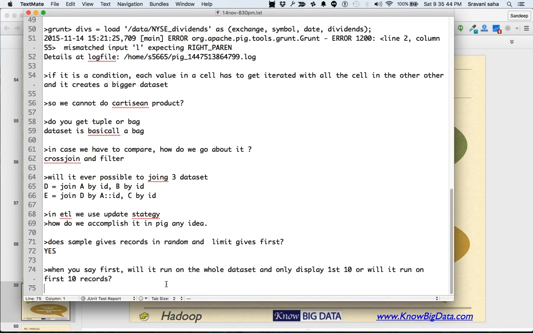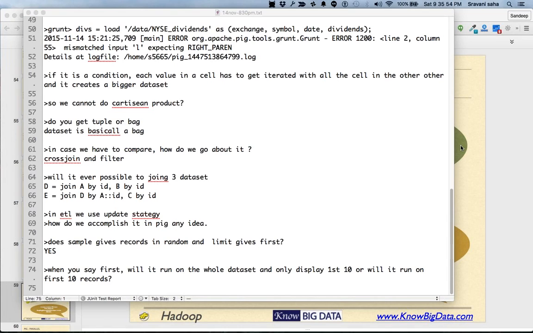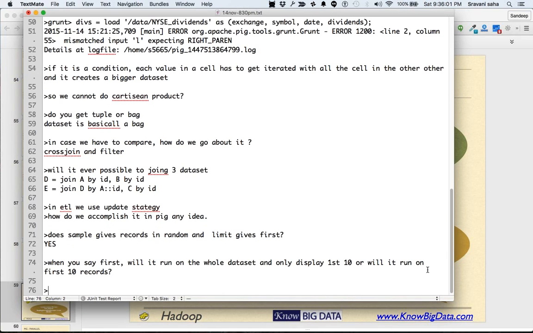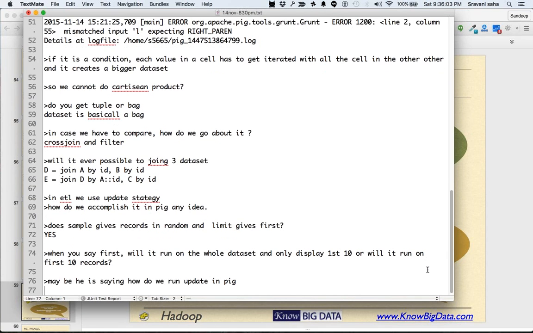So in the map here, when we say limit, it will utilize the first argument, which was byte count. Okay, so Sridhar is saying maybe Naveen was trying to say how to update in Pig. We don't update the data or alter the data in Pig.